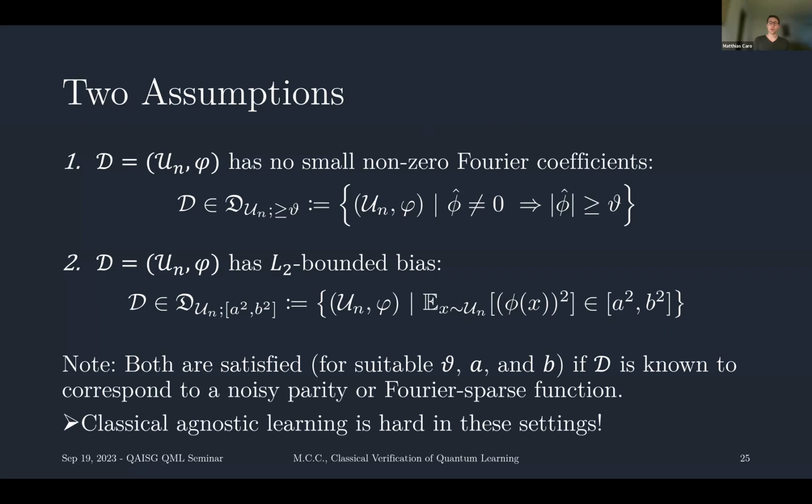And that's enough for our purposes in regards to the guiding question, because classical agnostic learning is hard in these noisy settings. So even with these assumptions, we're still tackling tasks that are classically hard, and we're trying to verify them by interacting with the quantum prover. But I just wanted to show you the assumptions.